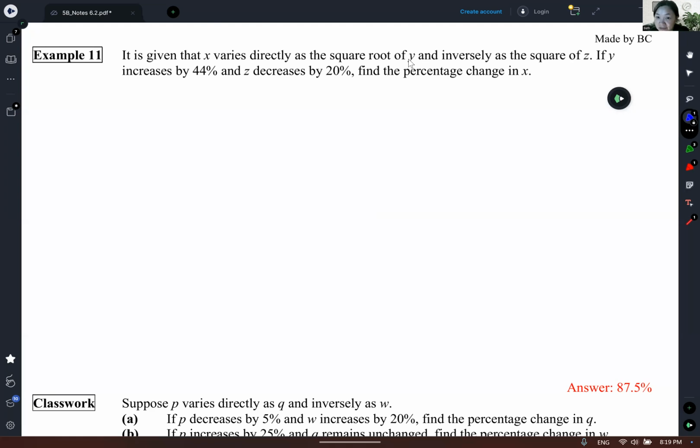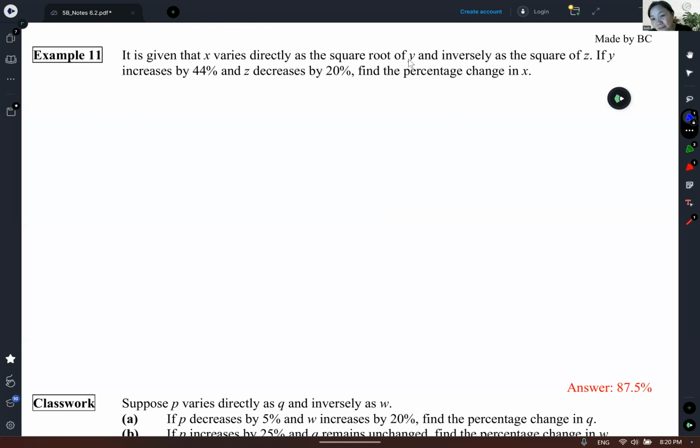We had plotting graph of direct variation and inverse variation, but we do not plot graph for joint variation, and I think you can know why. Is that usually we do not plot graph for 3 or more variables, so in this case there is no graph. I think in a way it's better that way, because with graph it's very tricky.